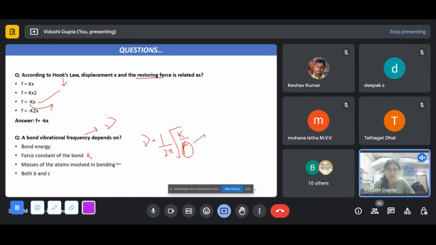For reduced mass, it can be written as m1 m2, that is the masses of both atoms, divided by the sum of the masses of the atoms, m1 plus m2. So now they're asking whether bond vibration frequency depends on bond energy, force constant, masses, or both B and C. So it will be both B and C. Here you can see frequency depends on the force constant as well as the masses.